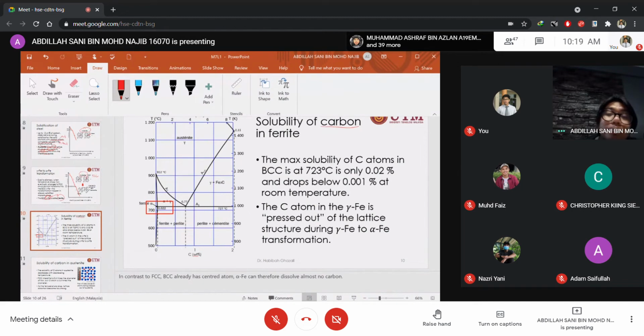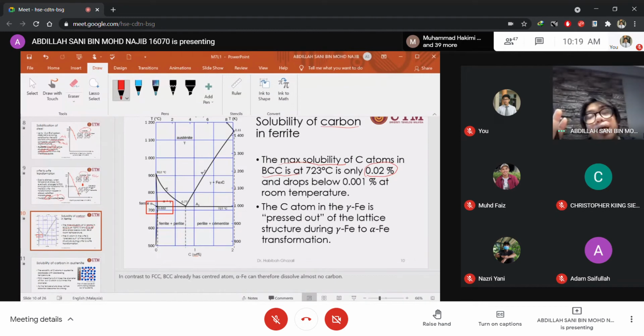The max solubility of carbon atoms in BCC is only 0.02%, meaning very little carbon can be accommodated in the BCC crystal structure.